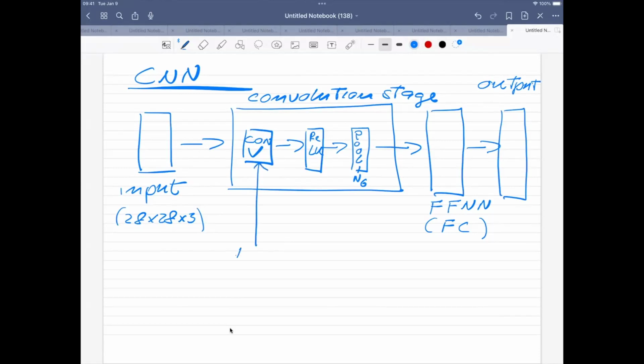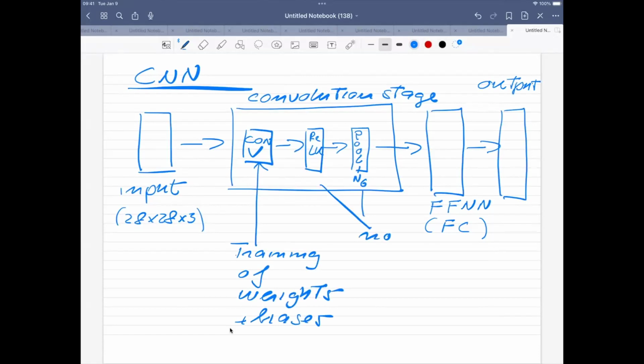Here we have a training of weights, or the filter parameters. And there are also biases here. The ReLU layer and the pooling layer have no training parameters. And then we would have the parameters here and also in the output layer.